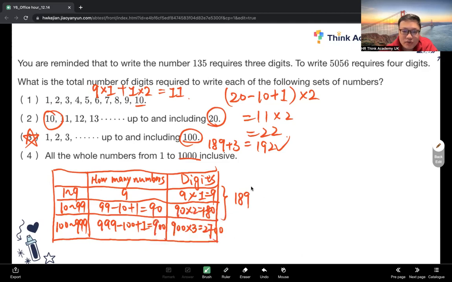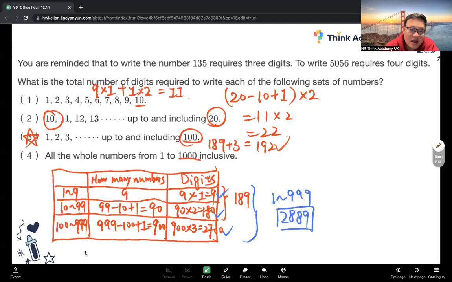In total, how many digits are there from 1 to 999? 9 plus 180 plus 2,700 equals to what number? From 1 to 999. That will be a 2, an 8, an 8, and 9, right? 2,889.